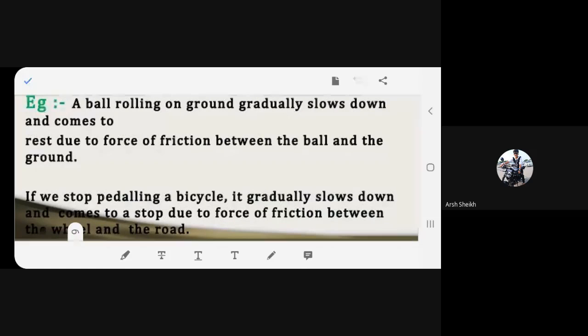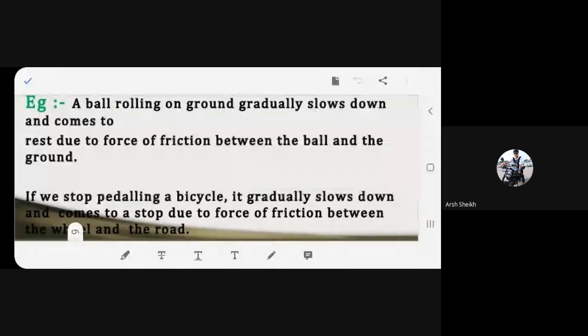Now you're pedaling a bicycle, the bicycle is moving forward. It is increasing the speed. You stop pedaling the bicycle. What happens? Your bicycle will move, but the speed of the bicycle will slow down. Why? Because of the force of friction, which is stopping the bicycle. Where is the force of friction?